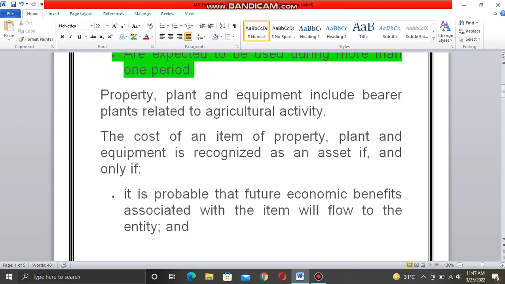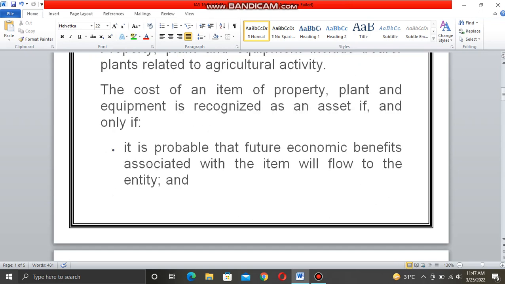The cost of an item of property, plant, and equipment is recognized as an asset if and only if the reason is given below. It is probable that future economic benefit associated with the item will flow to the entity. That is the benefit that you will take from the property, plant, equipment.